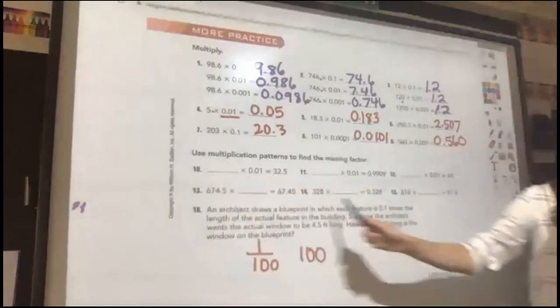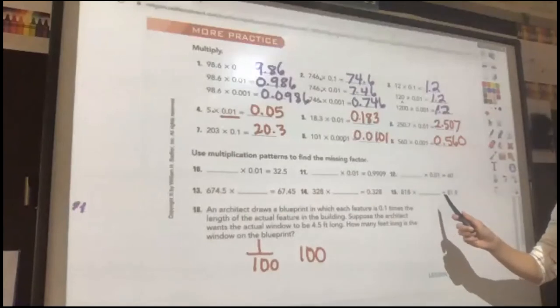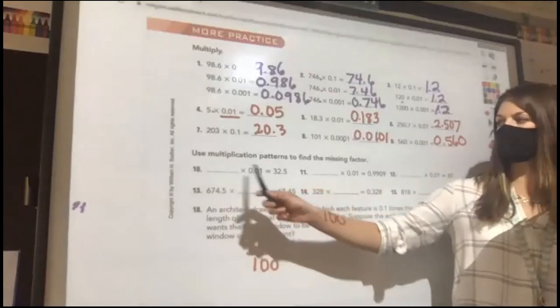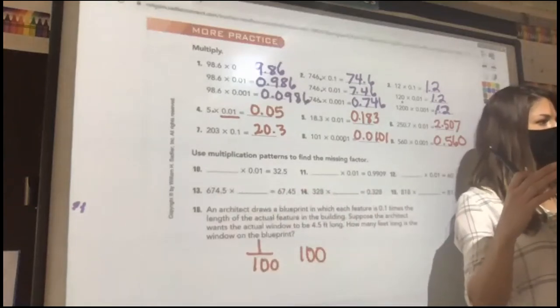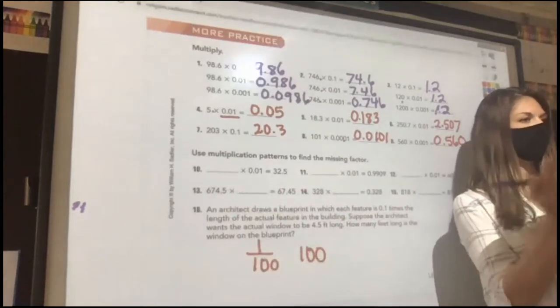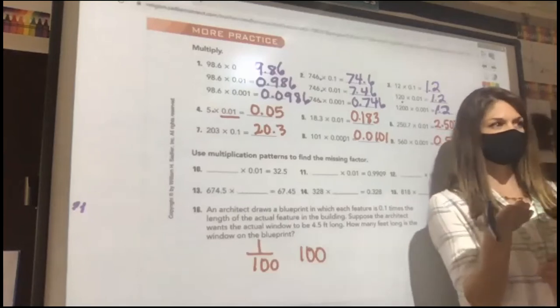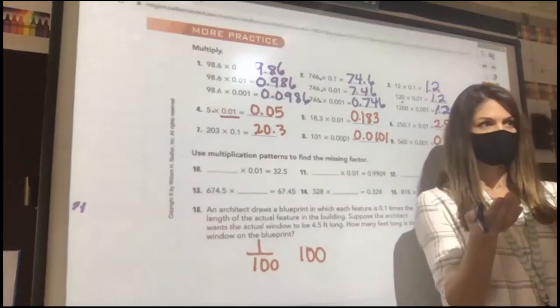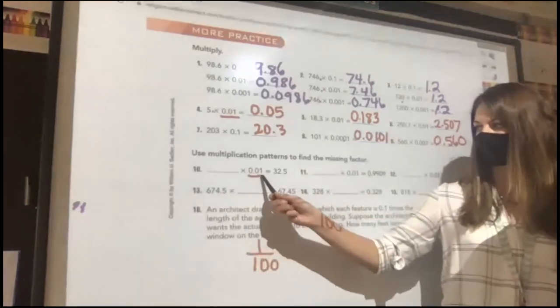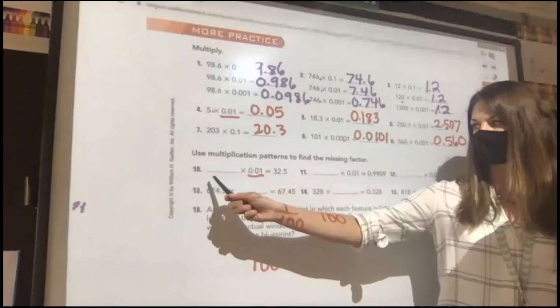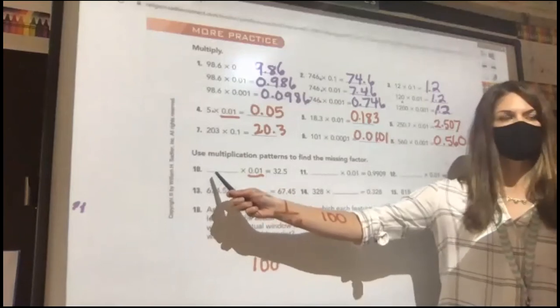So for numbers 10 through 15, they've given you some part of the multiplication equation, but you need to figure out which part is missing. Is it the digits or is it the position? So for number 10, notice how the position is already written. You need to give me the digits that this number started with.